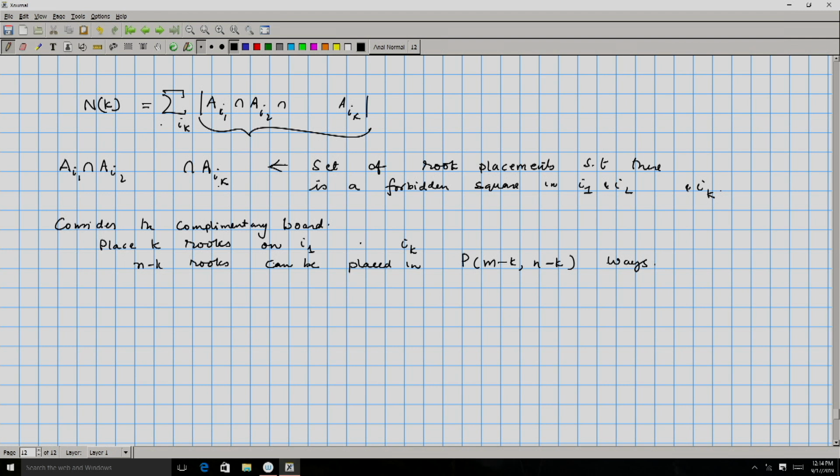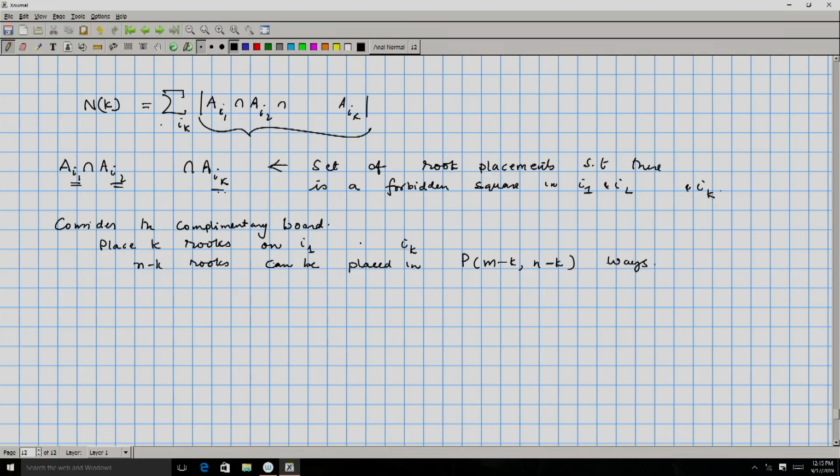Now, if you consider the complementary board, these positions are valid positions or allowed positions in the complementary board. For this particular choice I1, I2, Ik, let us say there were t ways of doing that. The total number of ways of placing n rooks would be t times P m minus k, n minus k, because if k rooks have already been placed, we have taken away k rows and k columns.